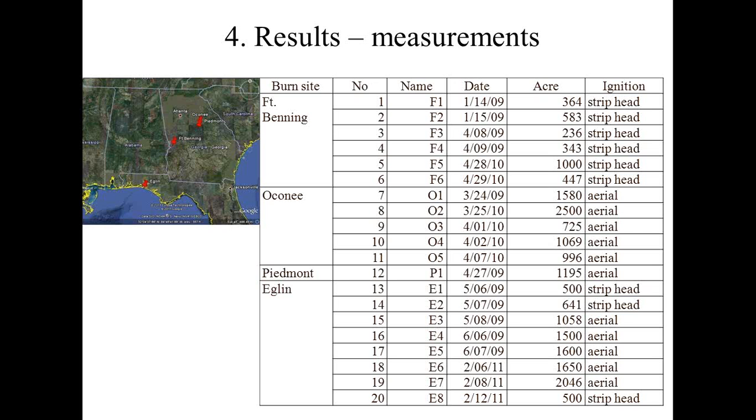Here is a list of these burns. The measurement was conducted during 2009 through 2011. 5 of these burns were in winter, 13 were in spring, and 2 in summer. For burn area, 5 were less than 5 acres, 6 between 5 and 1,000 acres, 8 burns between 1,000 and 2,000 acres, and 2 burns had an area over 2,000.